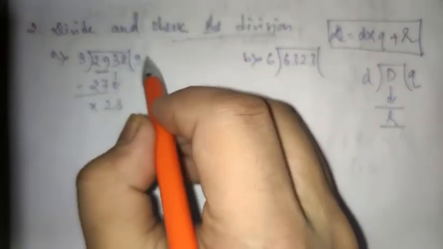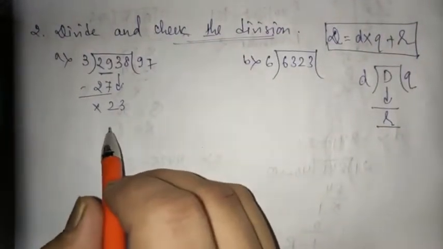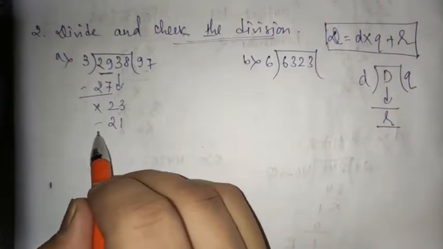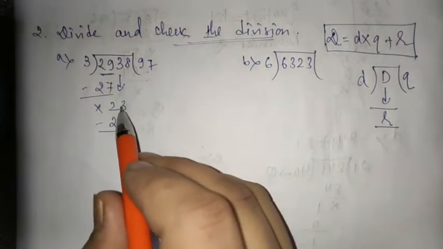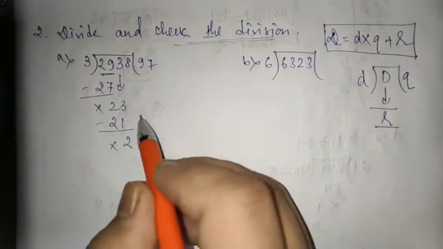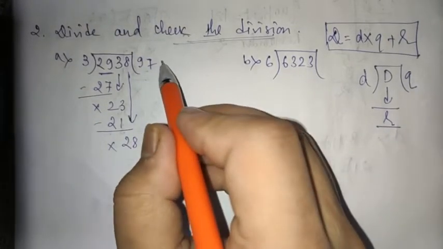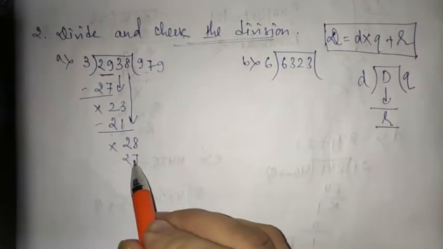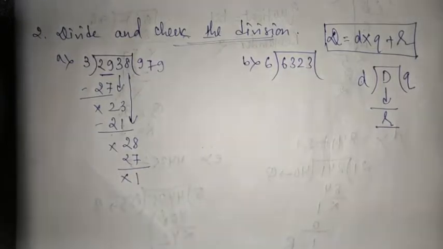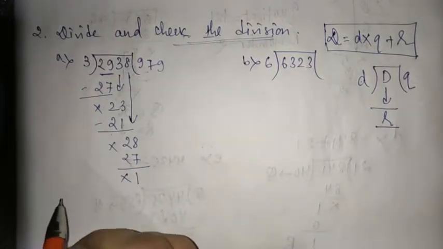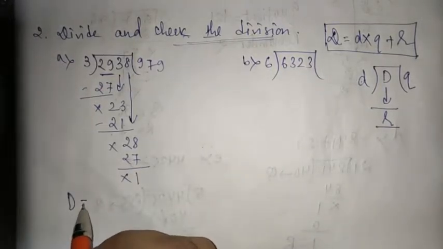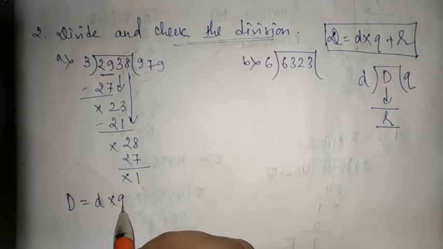So 3 7s is 21. Only possible is 3 7s are 21. So minus, you'll get 3 minus 1 is 2. So this 8 will move down. 3 8s are 24. 3 9s is 27. 1.